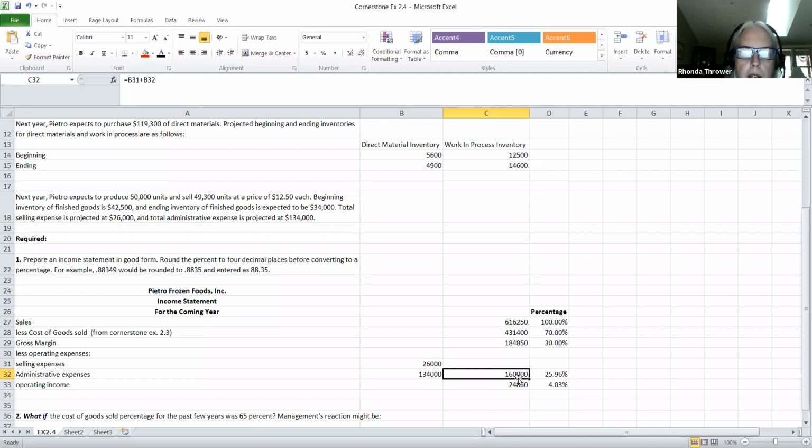The operating expenses total would be deducted from your gross margin to give you your operating income. Your operating income is your income before any other items. And so these are the dollar amounts that you can see here on this statement.